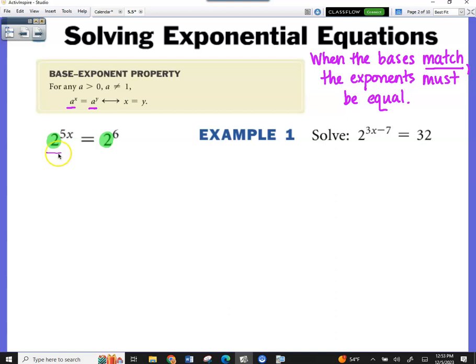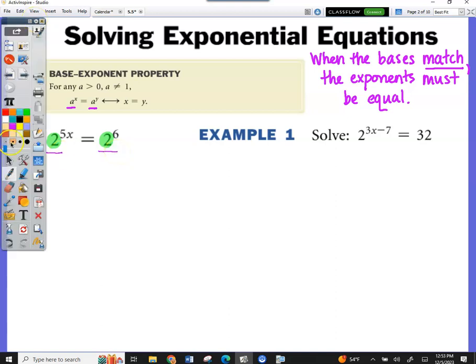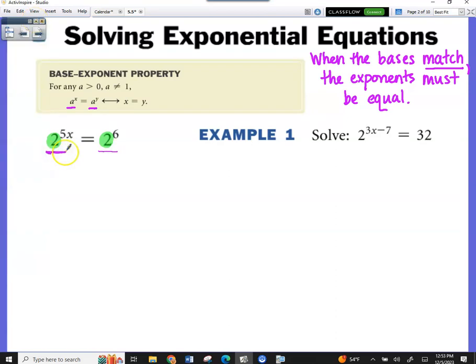So because these bases match, underline it right there. I'm going to draw arrows right here. And I'm going to make a note. They match. This is why I can say, oh, okay, so 5x has to equal 6. Divide by the 5.